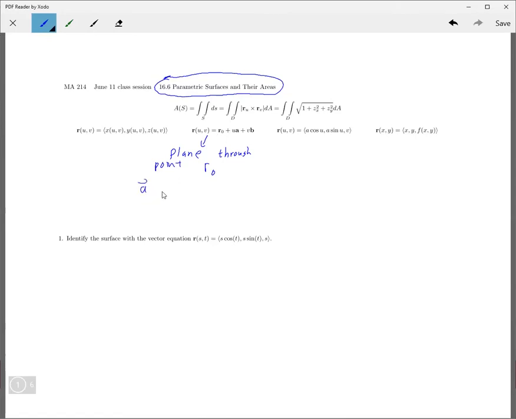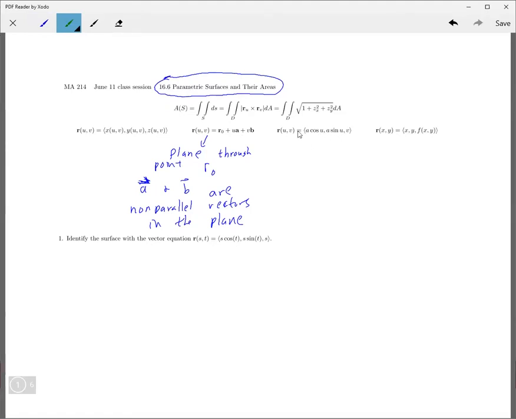And then the vectors A and B. So A and B, these are boldface, so those are vectors, non-parallel vectors in the plane. Okay. So any two vectors that are not parallel, but are vectors in the plane, and then any point in the plane, and then this will be a parameterization for the plane, the surface that is the plane. Okay, so that's one example.